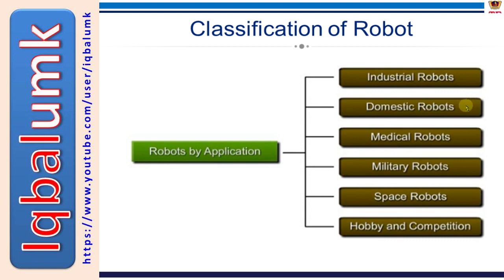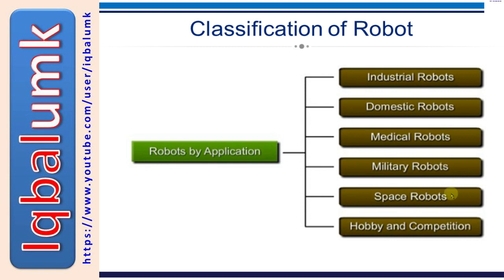Kemudian robot yang dipakai di medis, medical robot, yang membantu proses operasi dan penanganan pasien, misalnya pengantaran obat juga masuk sini. Kemudian di bidang militer juga banyak dipakai robot. Ada robot penjinak bom, ada drone, pesawat, robot pengebom dan sebagainya.